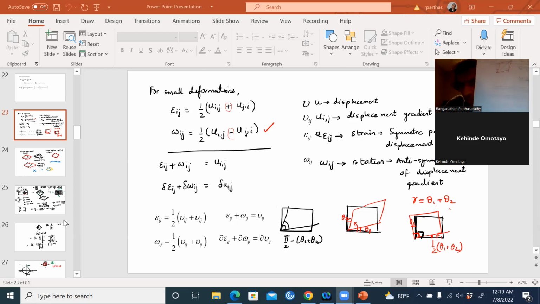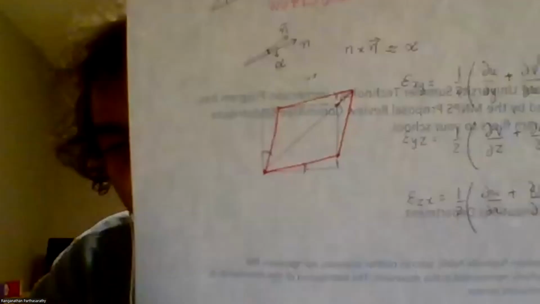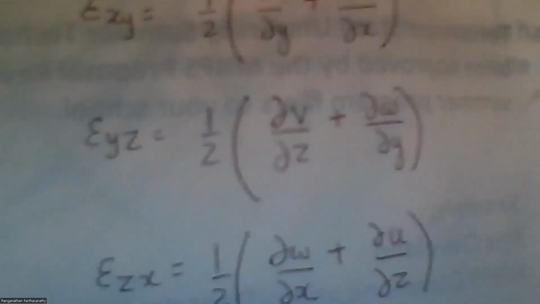Okay, let me unshare the screen. Can you see now? Yeah, I can see it clearly. That is gamma, right? So instead of the plus, if you put minus there, then that is just rigid body rotation, right? Yes.